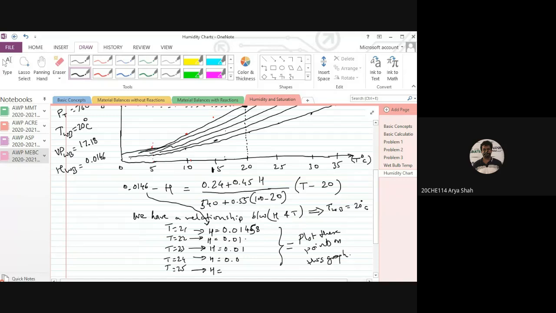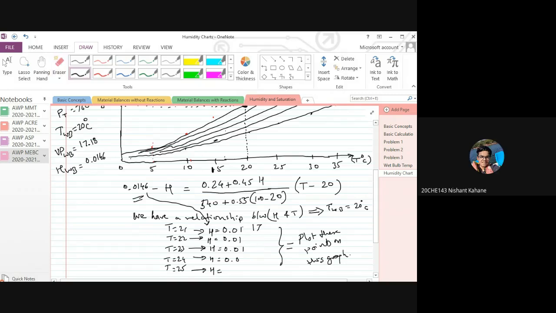Sir, it's not 5.8, it's 1.7. Sorry for this. Anirudh, the 22 degrees centigrade. Sir, I'm getting 0.0165. How can it be higher than HWB?